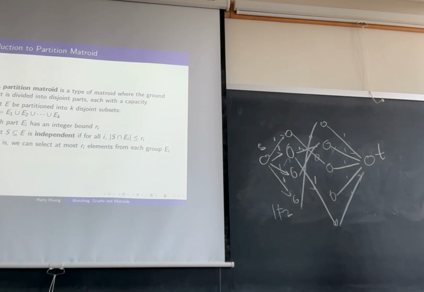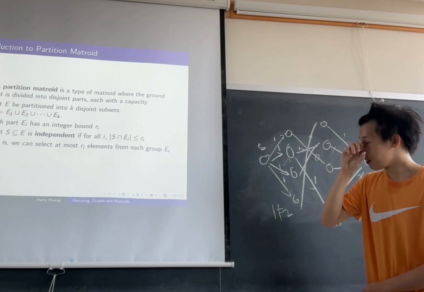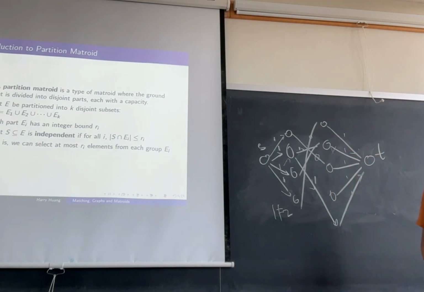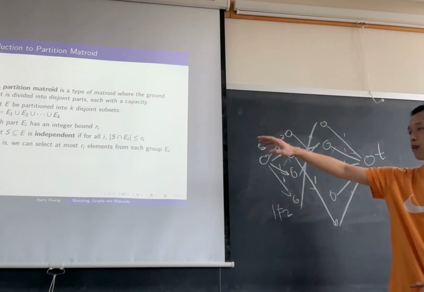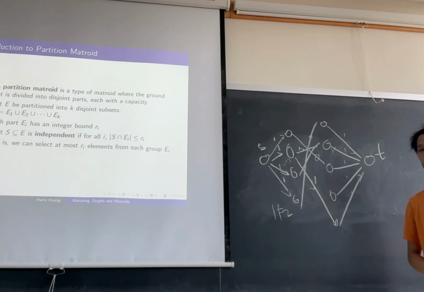A set S is independent if and only if for every partition, the number of elements of S in it is not greater than the integral bound of this partition. So we can select at most the integral bound elements from each partition.